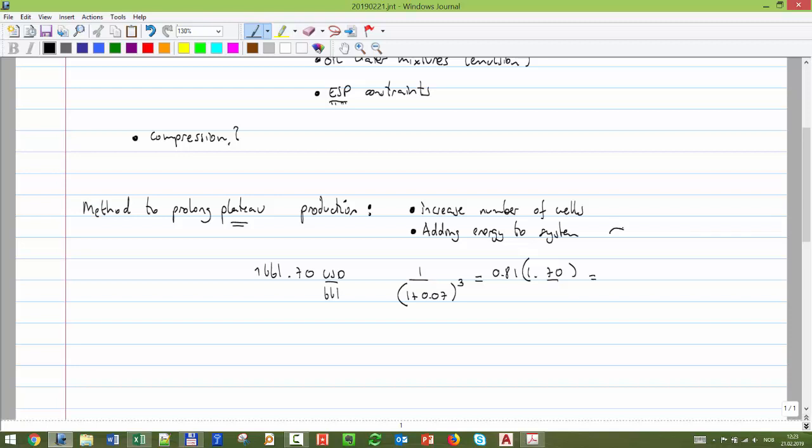I add energy basically by using boosting, here I'm saying compression, pumping, and I can also do it using artificial lift, for example ESP.